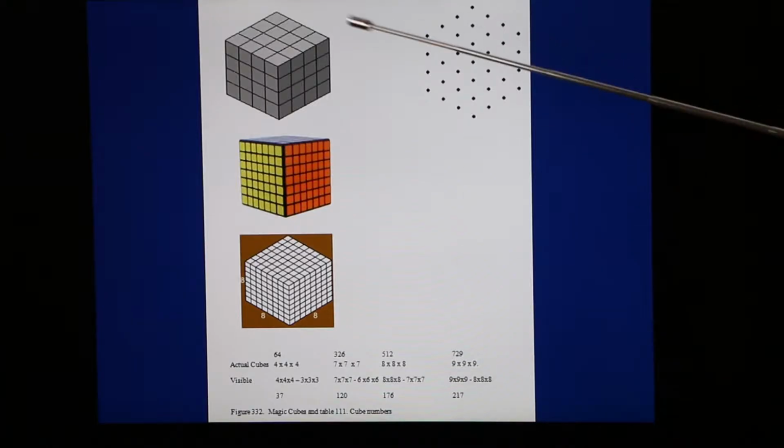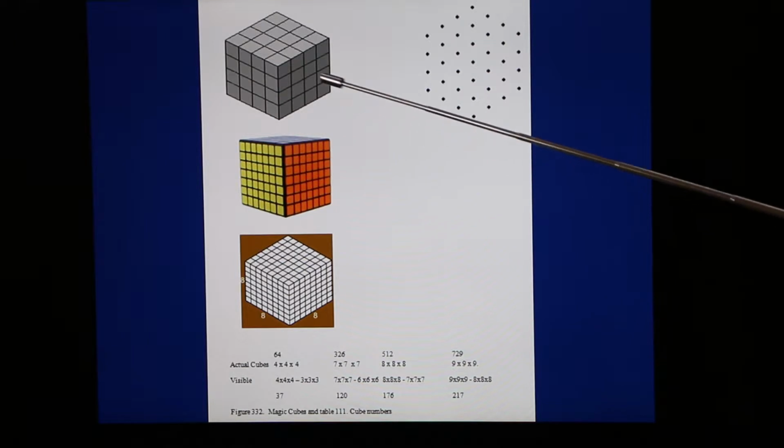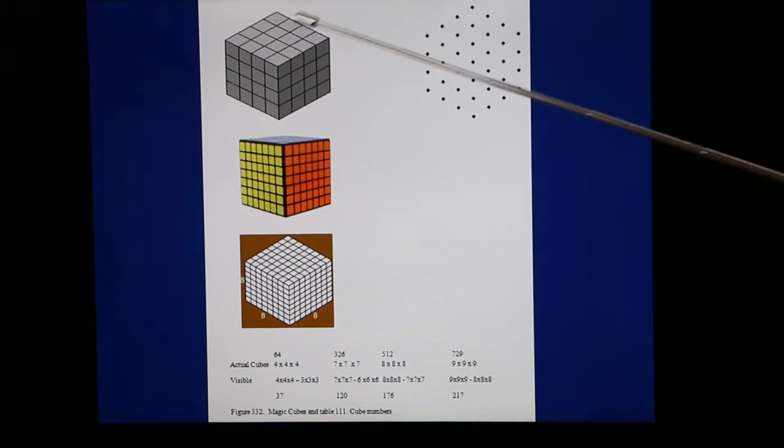And so if I have 4 times 4 cubes, I have a certain number. If I have 5 times 5 cubes, I have another number. Now if I take 5 times 5 cubes and subtract 4 times 4 cubes, then I get the number that's visible in the 5 times 5 cubes. So I will not go into all of this in detail, but you can see that if I am trying to understand letters and numbers and so on, I have this as a 4 by 4 square, of which I can see 37.